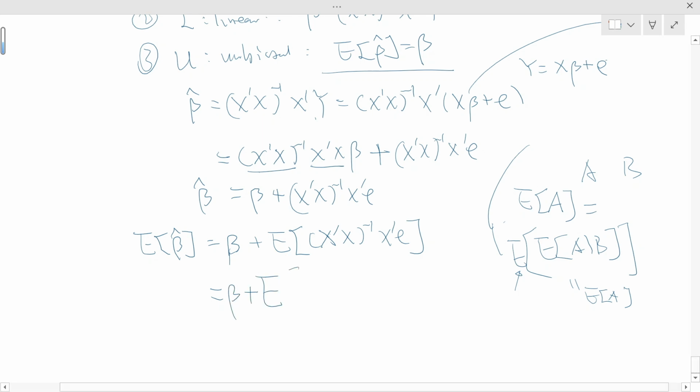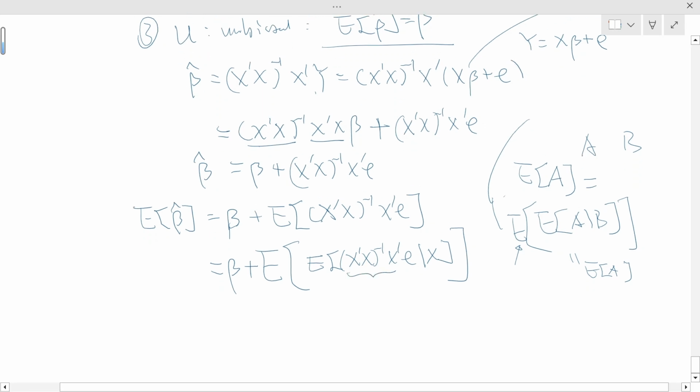Let the outer expectation be taken with respect to X and the inner expectation conditional on X. When we condition on X, we treat X as a constant, so we can pull it out of the inner expectation.